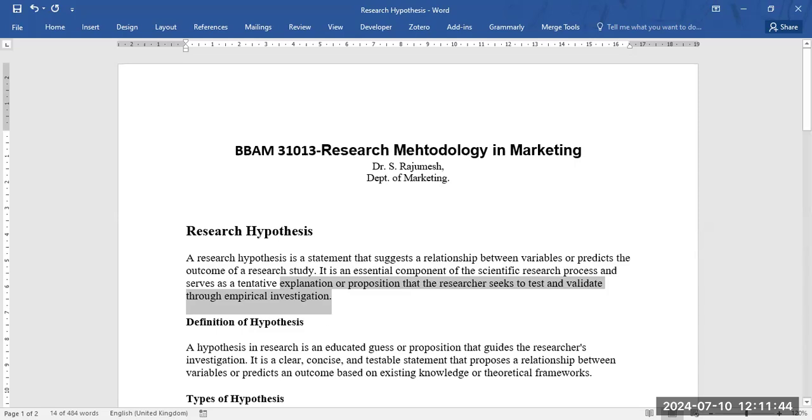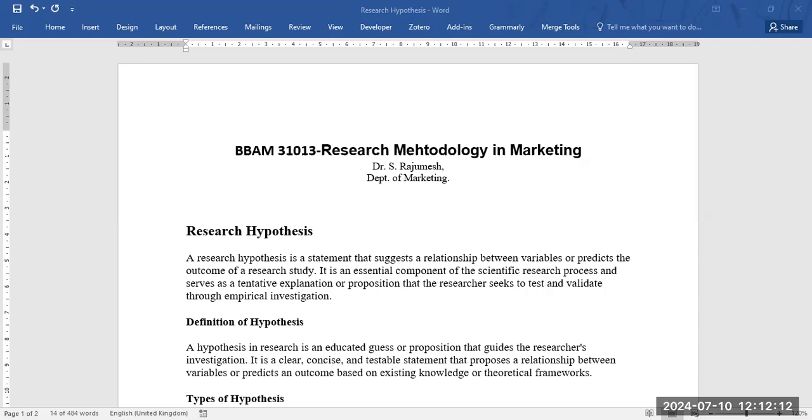Normally, hypotheses are a guide. They provide the direction and the focus for the investigation on specific objectives, whereas hypotheses are derived based on the research objectives. Already we have discussed that research begins with research problem identification.